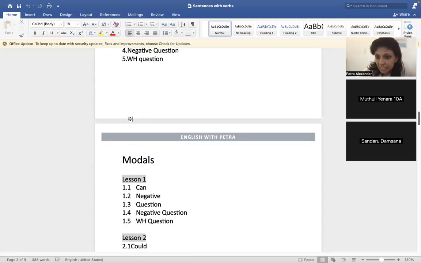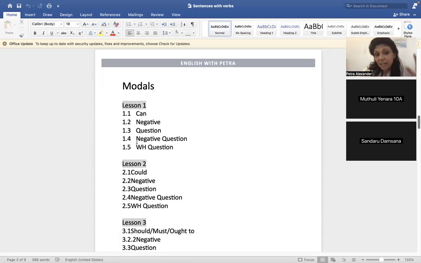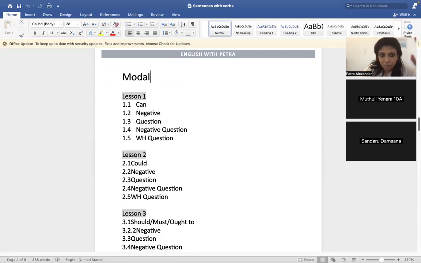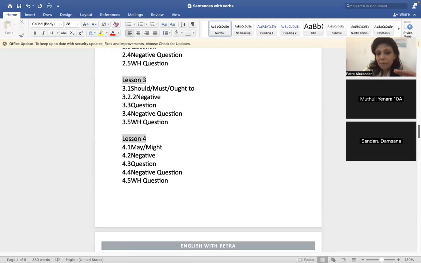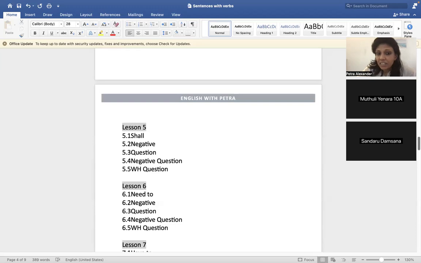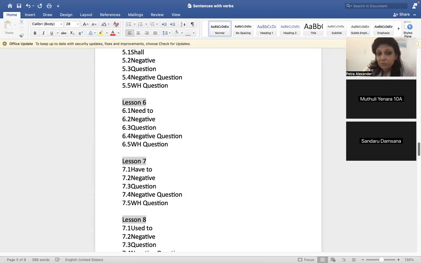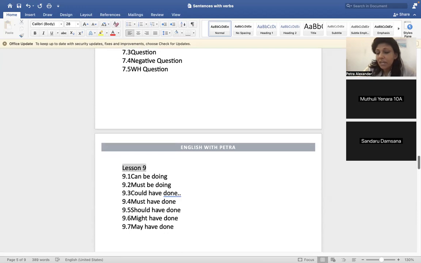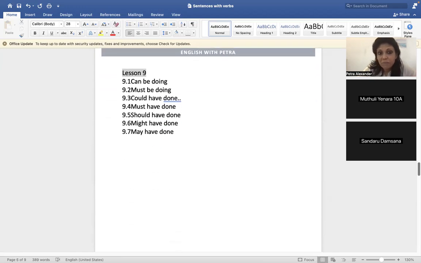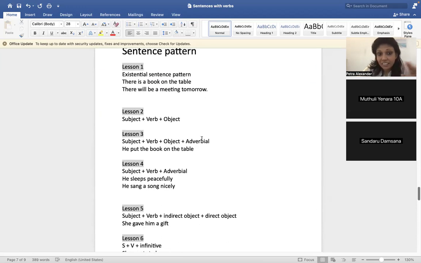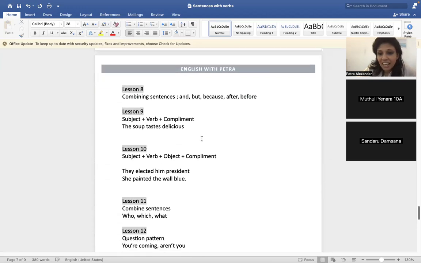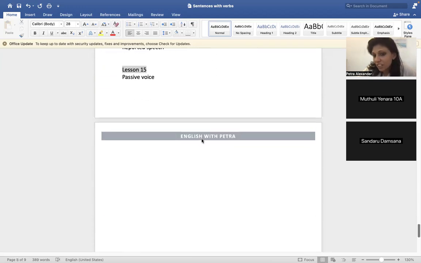Those are the tenses. And modals, we have to use can, could, should, must, might, may, right? Next one, shall, need to, have to, used to, we have to discuss. And some others like can be doing, must be doing. Then sentence patterns, right? And then reported speech, passive voice.